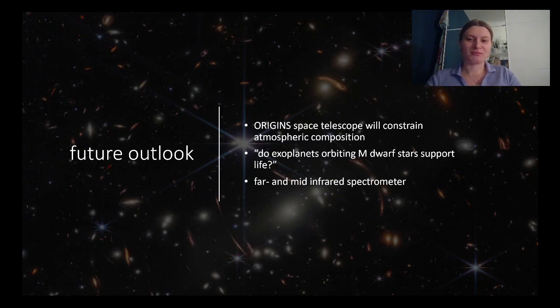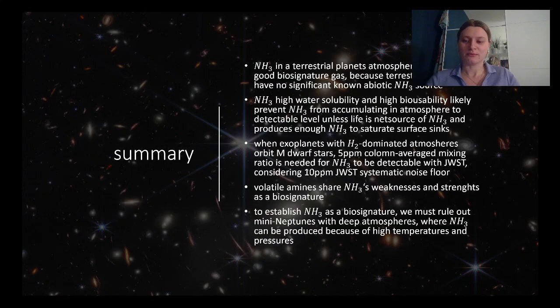Good news: the Origin Space Telescope from Caltech will constrain atmospheric composition, and with the far and mid-infrared spectrometer that it has, it will be able to detect ammonia, which is really cool.